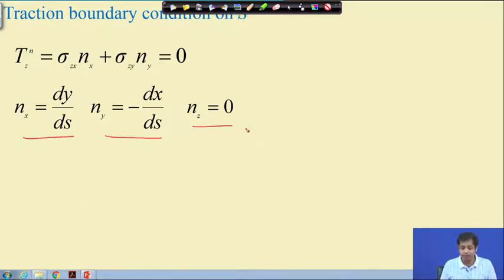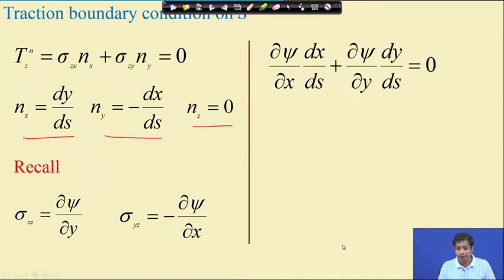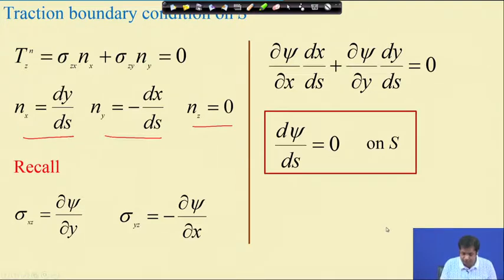If we substitute that in this expression, and recall that the stresses are written in terms of a stress function psi, we substitute this information into the first equation, and then we have this expression. We can simplify this as this.